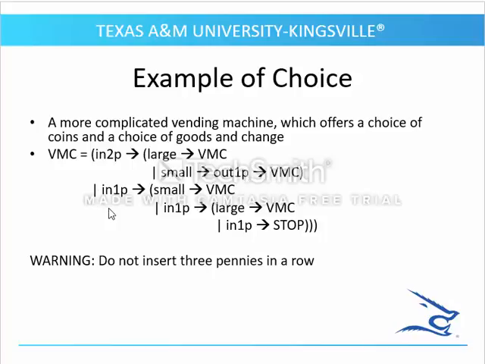And if the customer inserts 1 penny, then he can only get a small thing. And if he inserts one more penny after inserting the first penny, then he has an option of going for the large thing. Here we need to note that if a customer inserts one more penny, it would come to a stop. So there would be a warning of do not insert 3 pennies in a row.